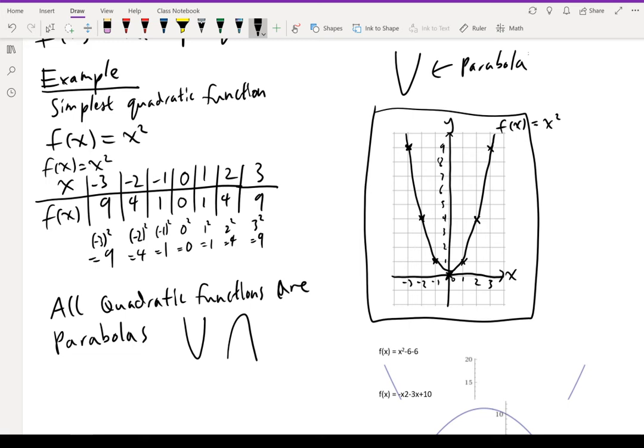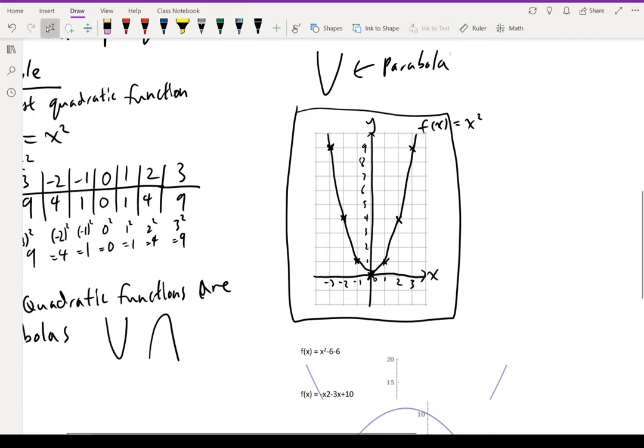And then when we look at the meaning of 0, it actually means when y is equal to 0. So I'm going to kind of trace down over here, trace down to y equals 0 right here.